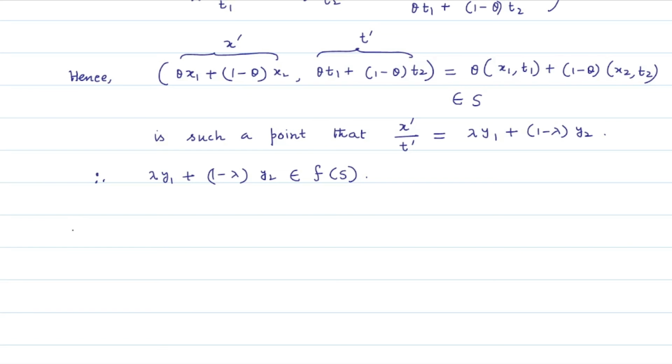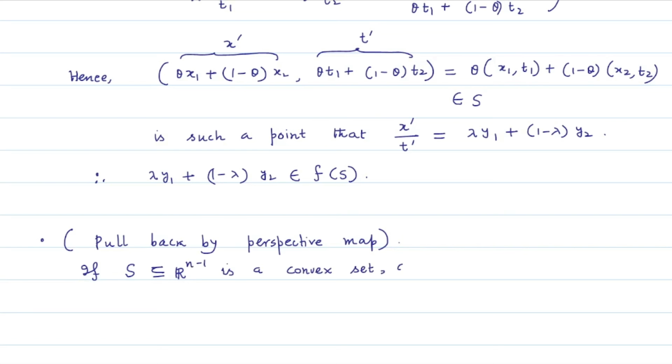Now I would like to mention another result, that pullback of a convex set by a perspective map is again a convex set. If we consider a set, say capital S, a convex set in Rn-1, and we have a function f that is a perspective map, then the preimage of capital S under the function f is a convex set.